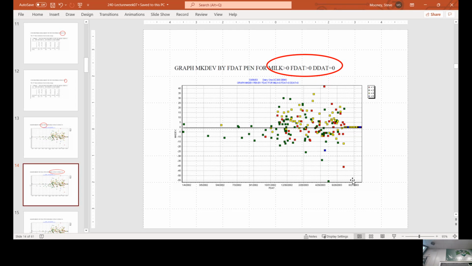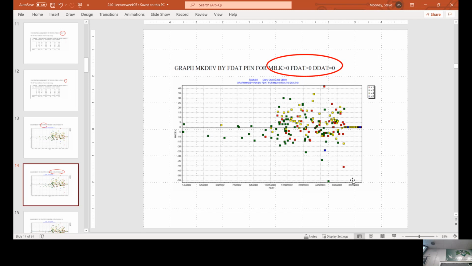This is also called TCI, Transition Cow Index. It's put out of Wisconsin based on what the animals predicted. Is she positive or negative compared to what you were going to predict her to be?